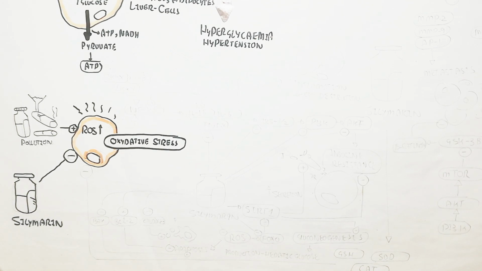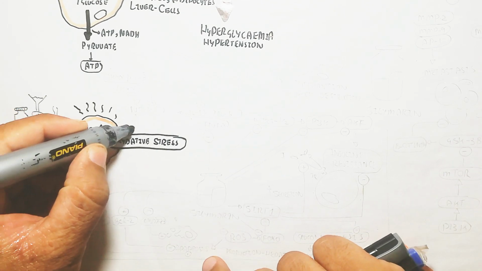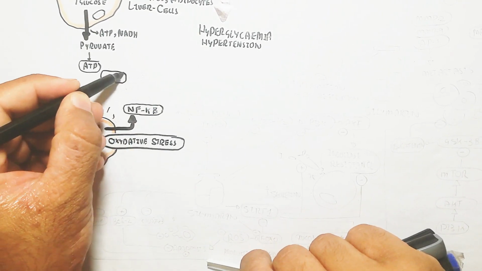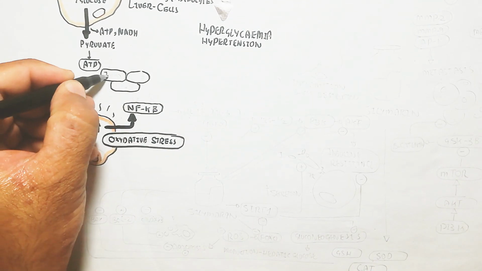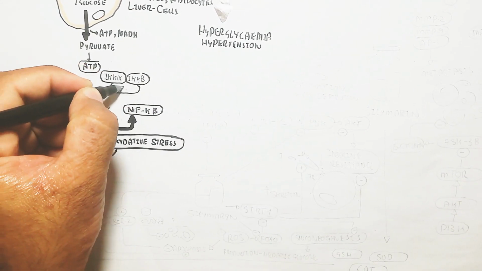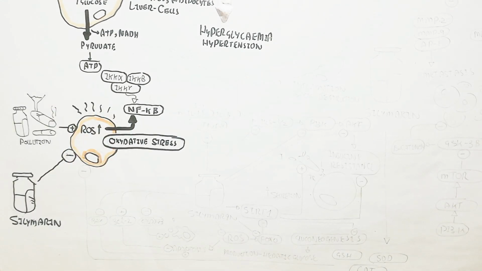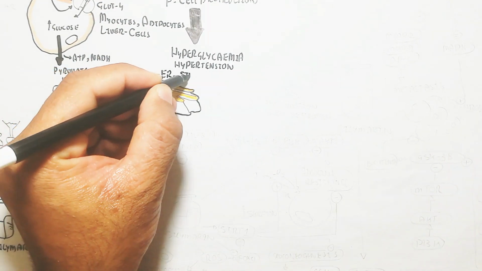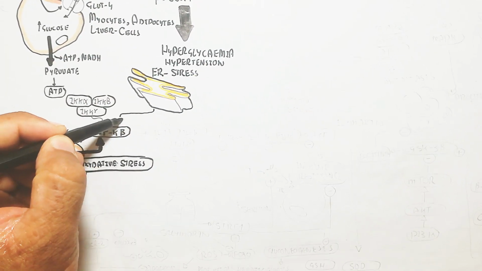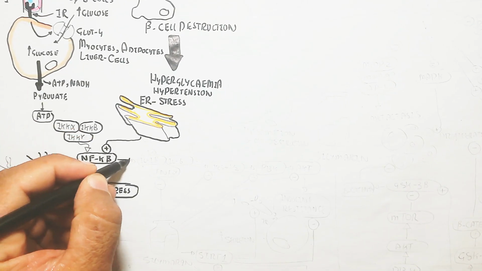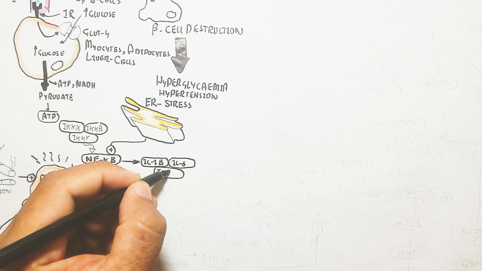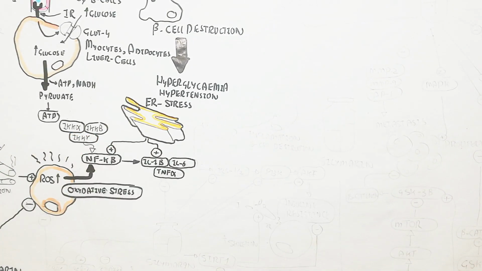The oxidative stress and reactive oxygen species will lead to production of nuclear factor kappa B. This nuclear factor kappa B is triggered by the IKK alpha, beta and gamma subunits of the protein, and endoplasmic reticulum stress also increases it. This nuclear factor kappa B will trigger interleukin 1 beta, interleukin 6 and tumor necrosis factor alpha.